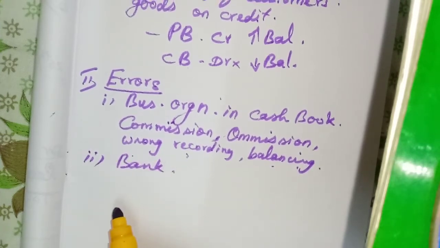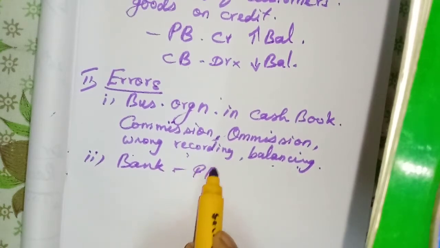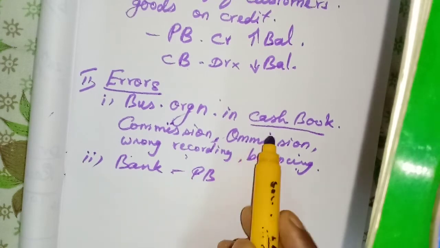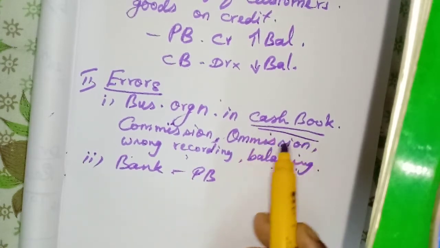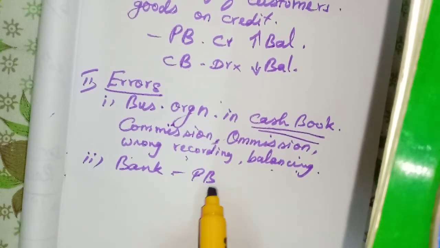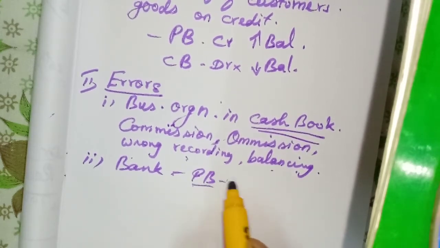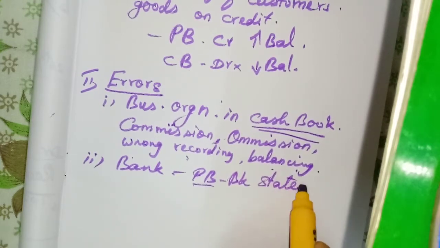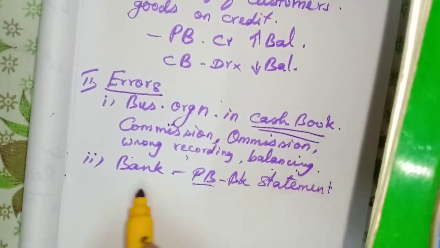Errors by the bank while recording the transactions in the passbook. Here the business organization is preparing the cash book, and they may make many errors. In the same way, the bank officials who are maintaining our passbook or bank statement can make the same errors.